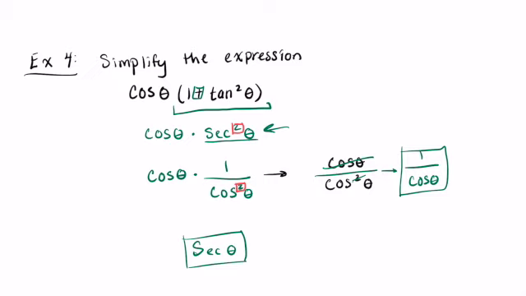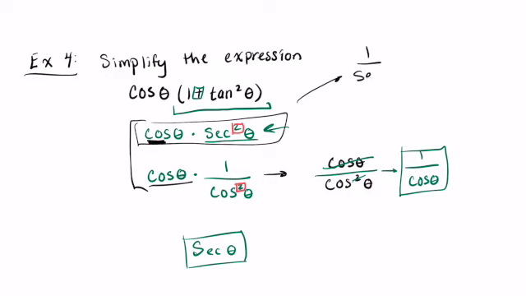And also actually, just for fun, notice maybe some of you wanted to convert from this point here. Maybe you wanted to say, well, what if I wrote cosine theta as 1 over secant theta times secant squared of theta? That is perfectly fine.